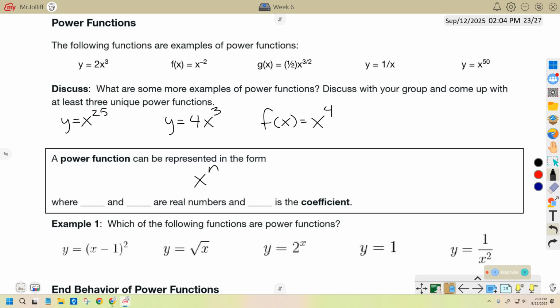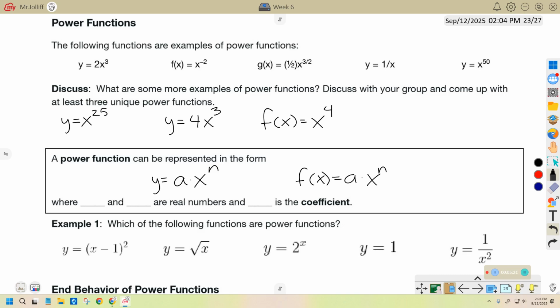Fractions, there's a y equals or an f of x equals, and there is a constant in front. 2, 1/2, 4. And sometimes we write it as y equals. Sometimes we write it as f of x equals. But the pattern is the same.